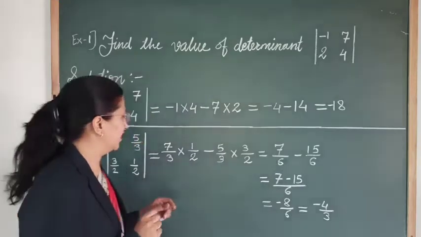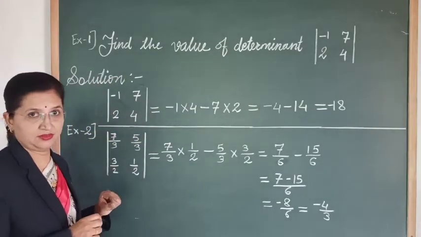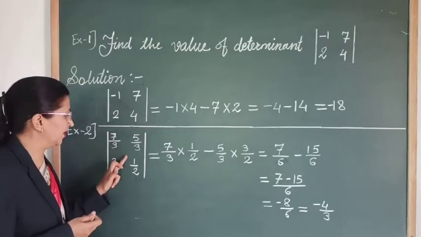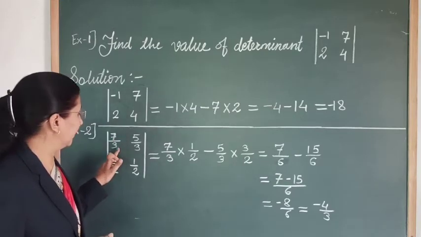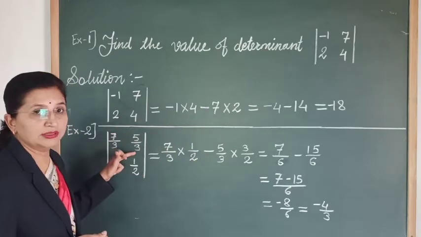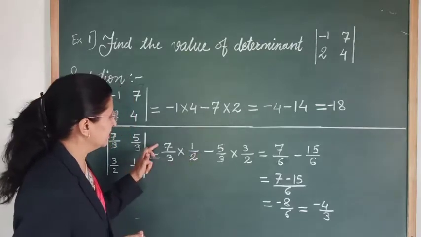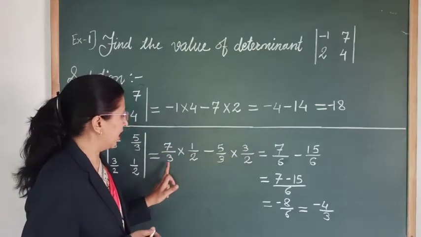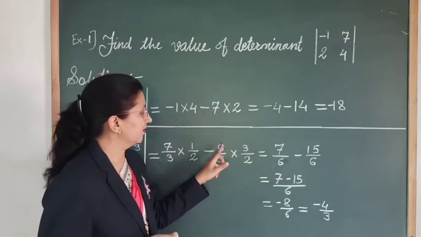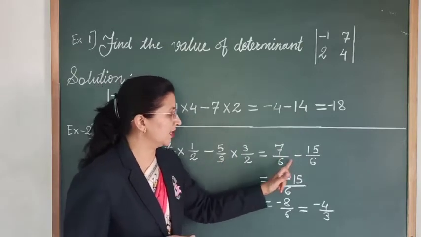Let's have another example, where the numbers are fractions. As usual we take AD minus BC: 7 upon 3 into 1 upon 2 minus 5 upon 3 into 3 upon 2. 7 ones are 7, 3 twos are 6, minus 5 threes are 15, 3 twos are 6.